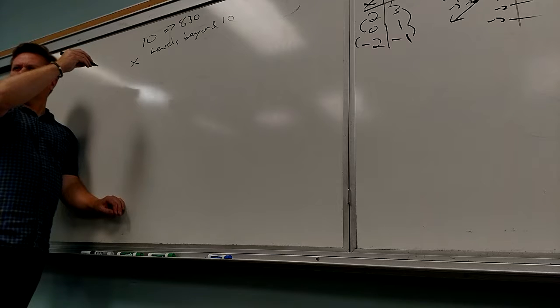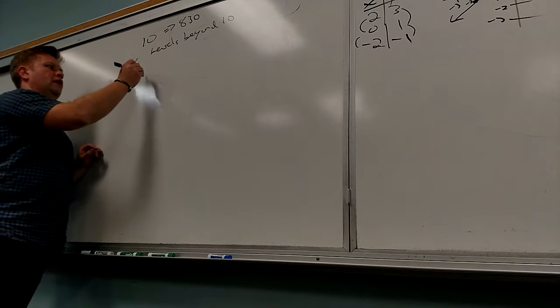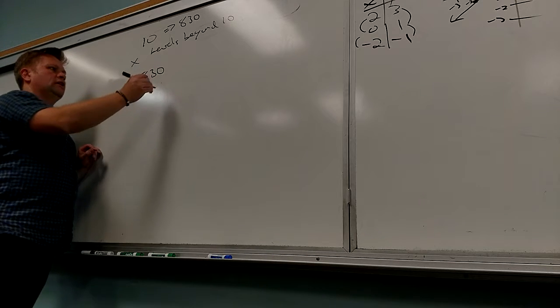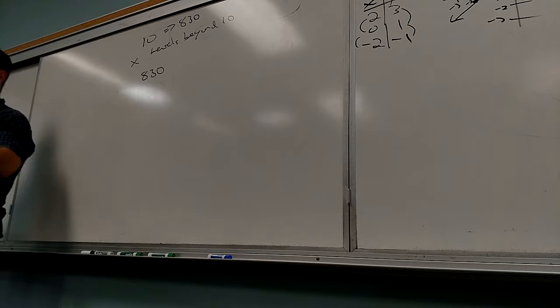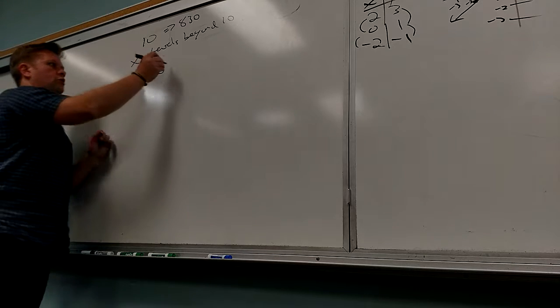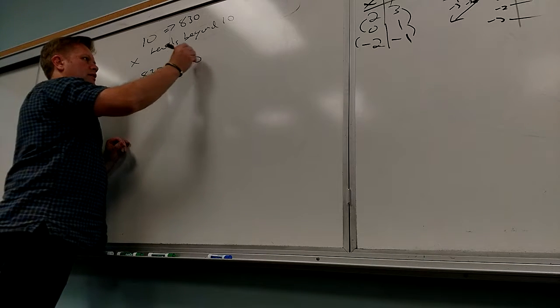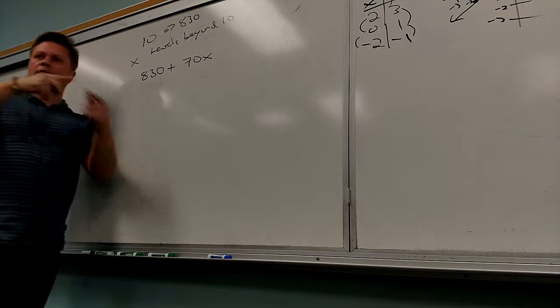Now watch, so you ready? If I have 830 and I'm at level 11, I would add 70. If I wanted level 12, 2 steps from 10, I would add twice 70. So how far past 10 do I want to go? I don't know. So when I add 70 x times, I don't know how many steps I want to take.